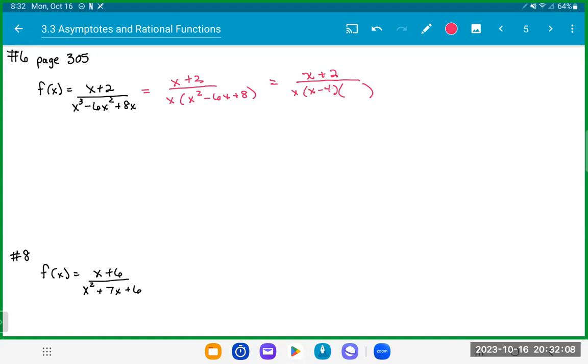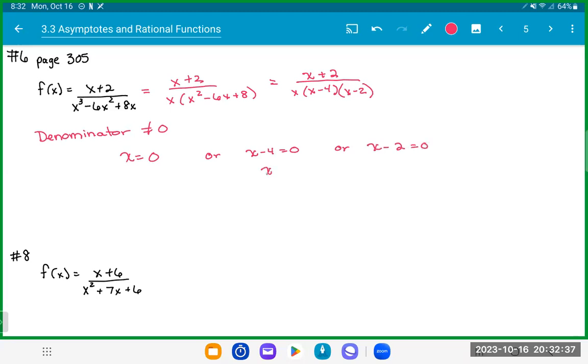So x minus 4 and x minus 2. What that means is our denominator cannot equal 0, right? So the denominator cannot equal 0. That happens when x equals 0, or x minus 4 equals 0, or x minus 2 equals 0.